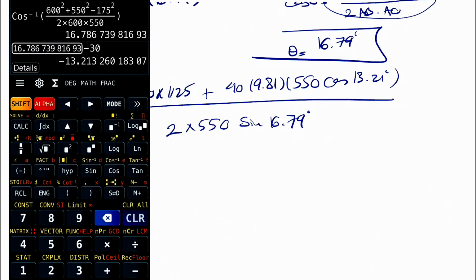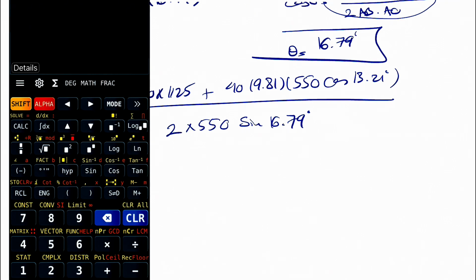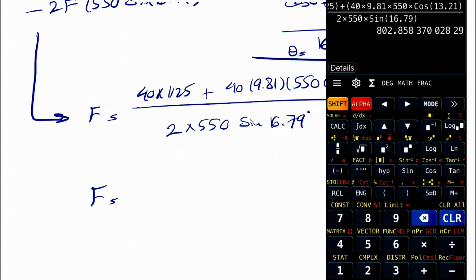Let's calculate this, and this will be the final answer for this question. So 40 times 1125 plus 40 times 9.81 times 550 times cosine of 13.21, and in the denominator, we have 2 times 550 times sine of 16.79.